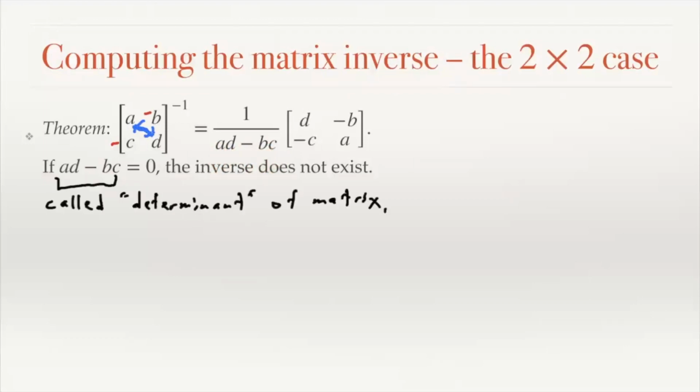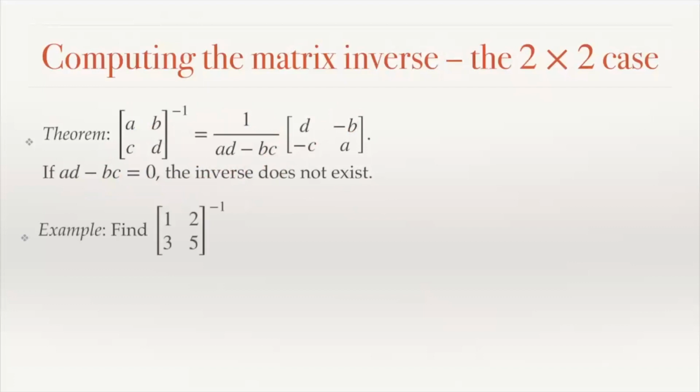That determinant is AD minus BC, so it's kind of the main diagonal minus the other diagonal. So again, what happens in my mind is writing down 1 over AD minus BC, and then the A and D get swapped, and we stick minus signs by the B and C. And if the determinant is 0, then we're dividing by 0, so the inverse doesn't exist. Not every matrix is invertible.